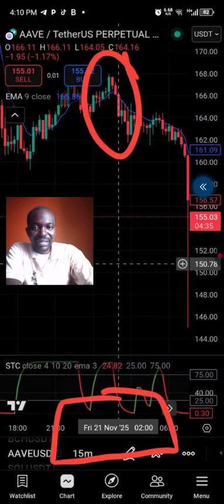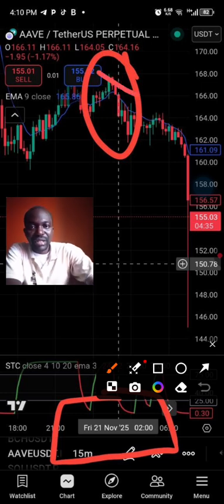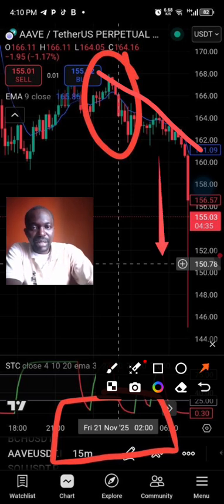And if you look at the highs it was creating, this was the first high, and the second high it created was this one. So this high is higher than this high, and that creates a trend line, and the trend line is moving down. And as you can see, prices go down.